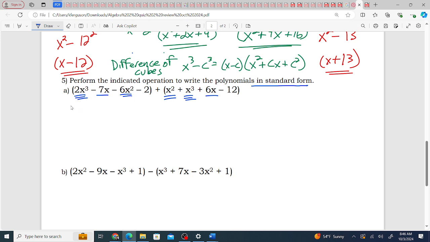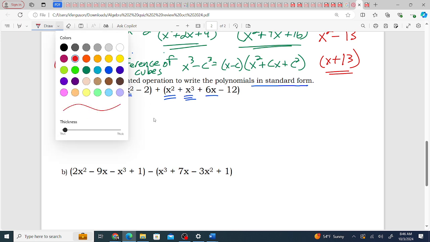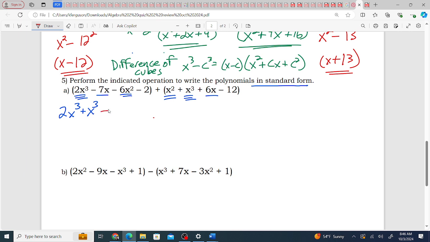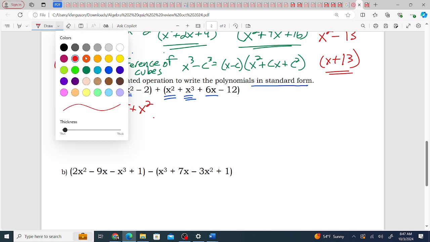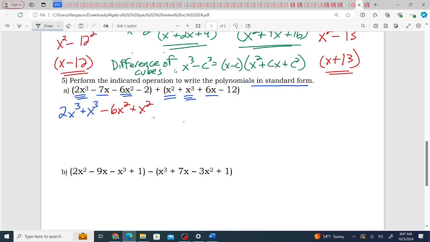So I've got 2x to the third power plus x to the third power. I've got a negative 6x to the second power plus x to the second power. I've got a negative 7x and a positive 6x.